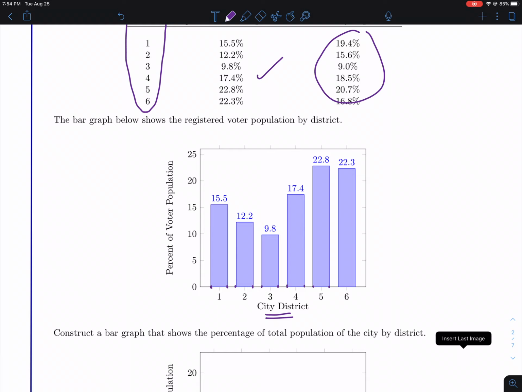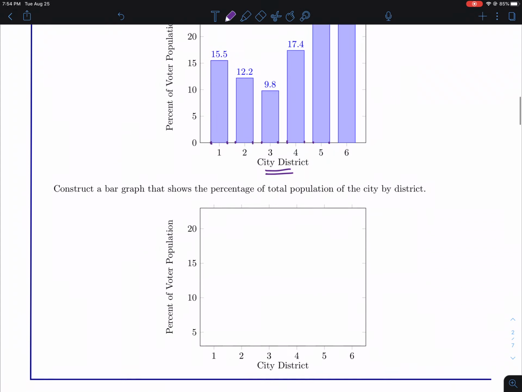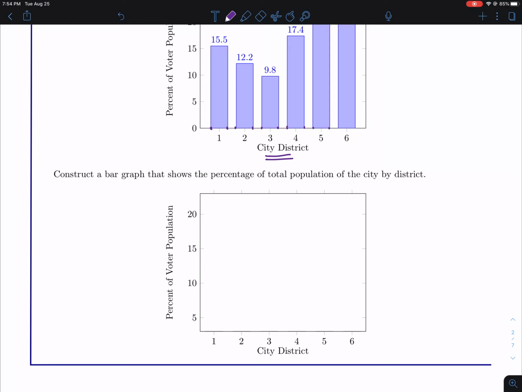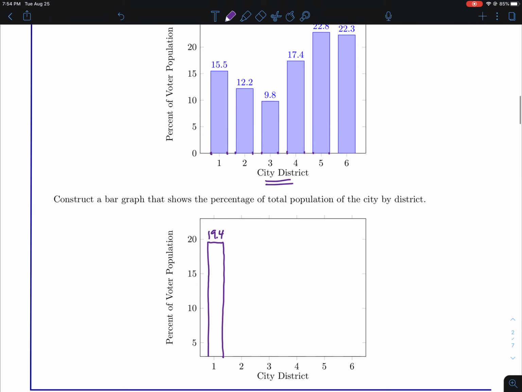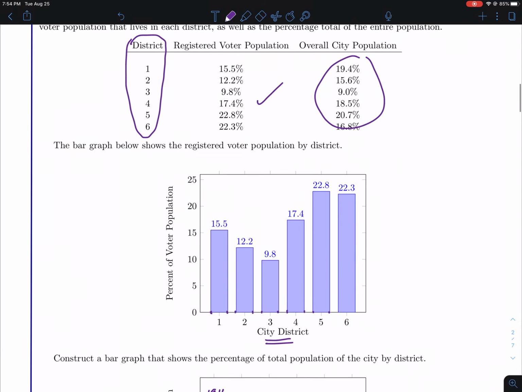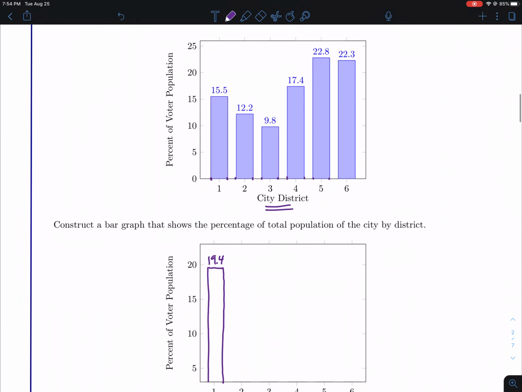So the first one we want to draw is 19.4. I'm going to draw my rectangle a little bit to the right of this. So I'm going to go almost up to 20, come over, and then drop down. And then if you want, put a little 19.4 up there so we know what that represents. Next one is 15.6.